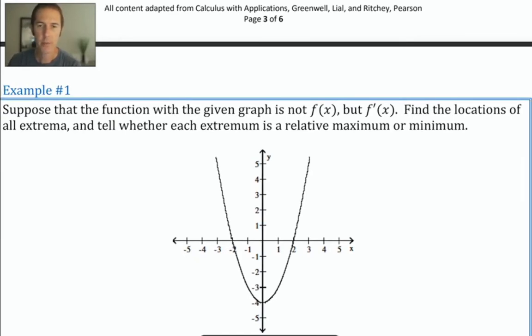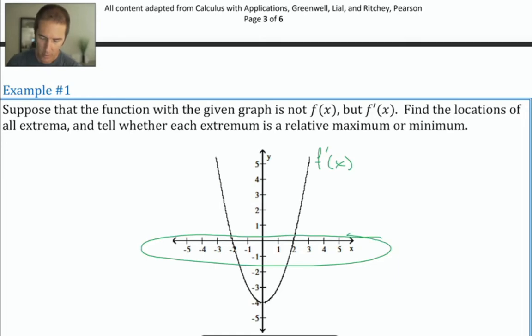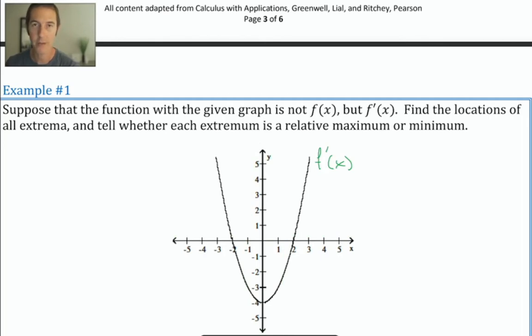So this first example is showing us a graph that we've actually seen just recently in the previous section, and immediately we're reminded that this is not the graph of f of x, this is the graph of f prime of x. So all of these are x values, and all of these that look like y values are actually slope values or rate of change values. So let me ask you this.